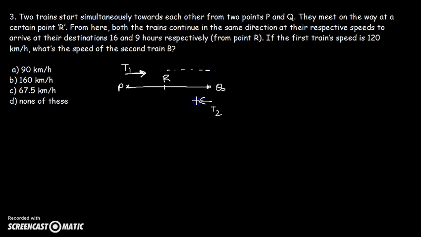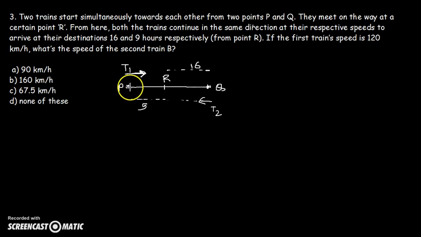Similarly, T2, which had started towards P from Q, met train T1 at point R, and from here it took some time to reach point P. Now these times are given as 16 and 9. For train T1 after point R, it takes 16 hours to reach Q, and T2 from R till P takes 9 hours.